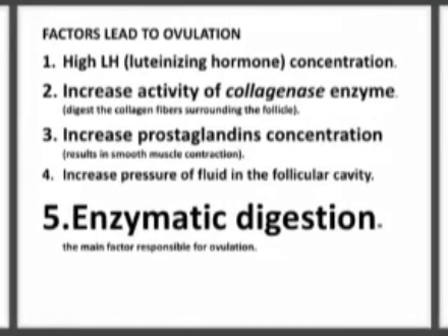Factors that lead to ovulation: high LH, luteinizing hormone concentration; increased activity of collagenase enzyme, which digests the collagen fibers surrounding the follicle; increased prostaglandin concentration, which results in smooth muscle contraction; increased pressure of fluid in the follicular cavity; and enzymatic digestion. These are the factors that lead to ovulation at the 14th day of the ovarian cycle.